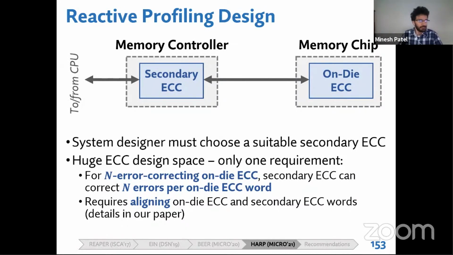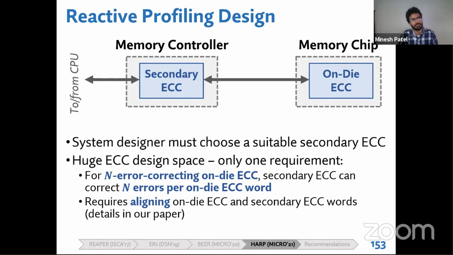The key point to make here is that given that ONDA ECC can introduce at most n indirect errors at once, whatever mechanism is used for reactive profiling simply needs to be able to manage that many errors, right? And ECC is a natural fit for this, given that a lot of commodity systems today already have secondary ECCs within the CPU or the memory controller and so forth. For example, rank level ECC.